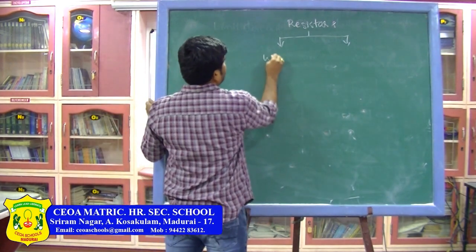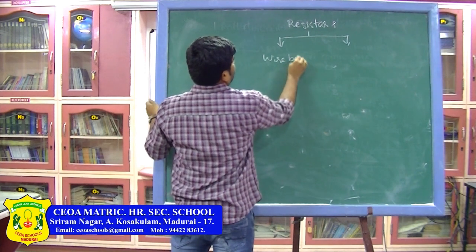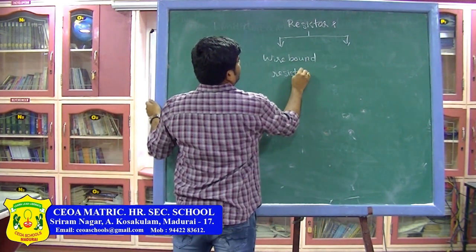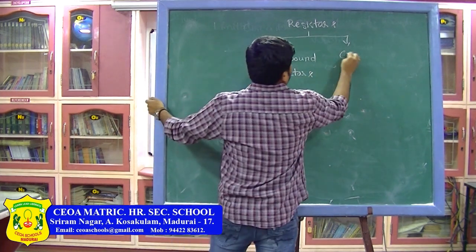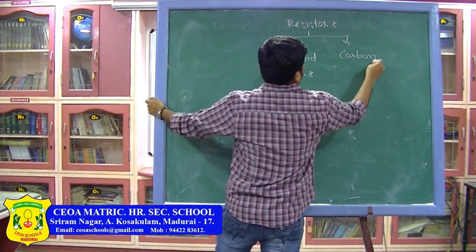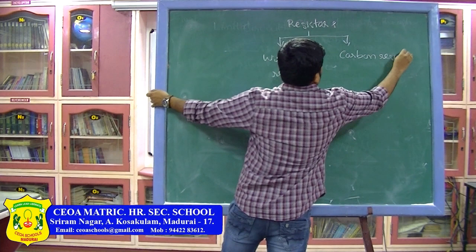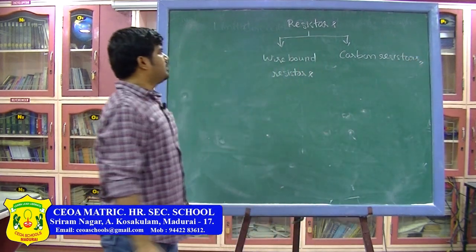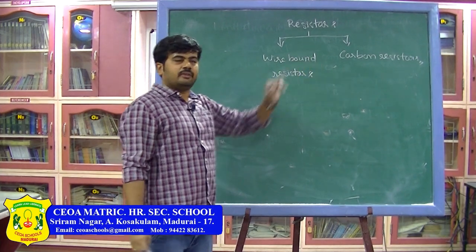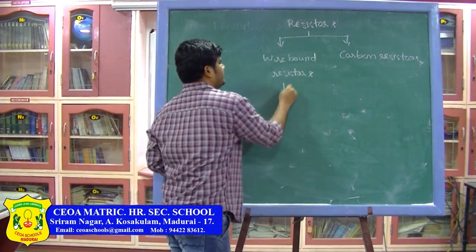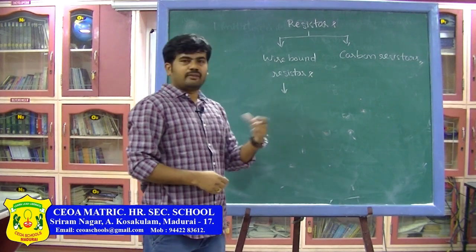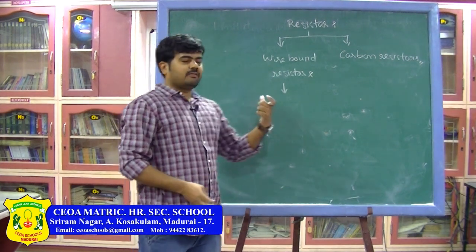So there are two types of resistors. First one is wire bound resistors, and the second one, very important one, carbon resistors. Coming to the first one, wire bound resistors, these resistors will be in the form of a coil on an insulator frame, and they will be somewhat bigger in size.